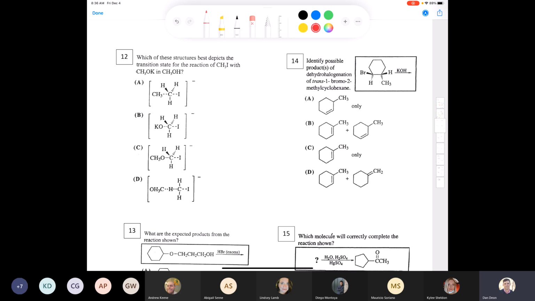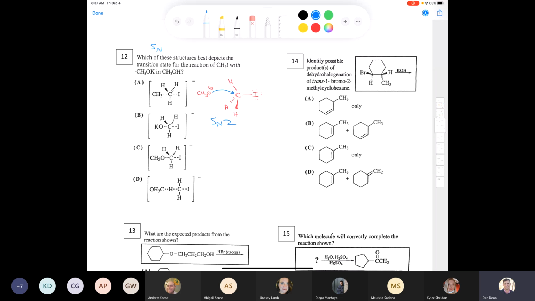I'm going to draw iodomethane showing the hydrogens, showing the tetrahedral structure, right? And then I have my methoxide that's going to behave as a nucleophile, and it's going to do an SN2, right? This is an SN2 reaction.